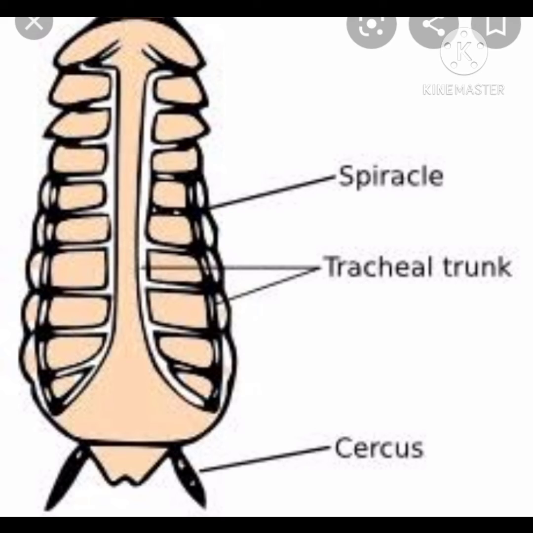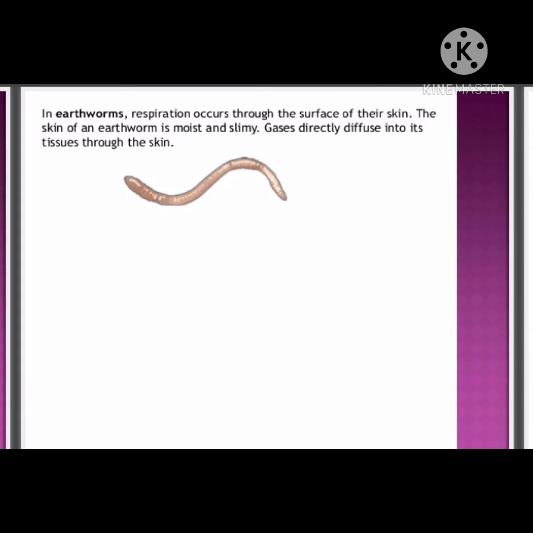Then what about the earthworm? An earthworm takes in air through its moist skin. When we touch the skin of an earthworm, we feel it is so moist. This moist skin helps to absorb oxygen, so it can respire through its skin.